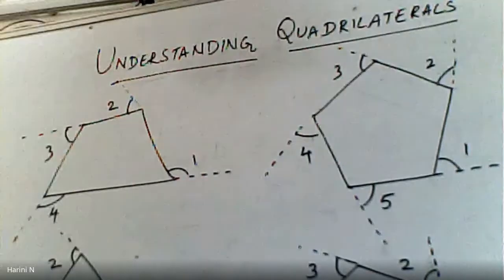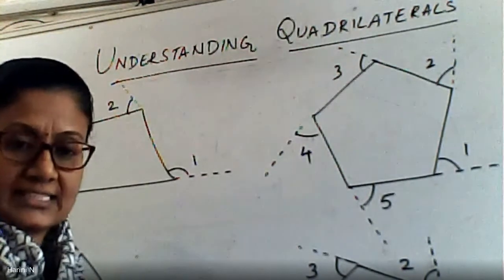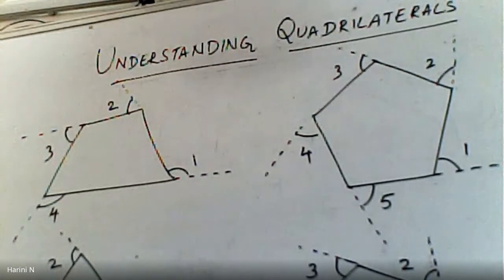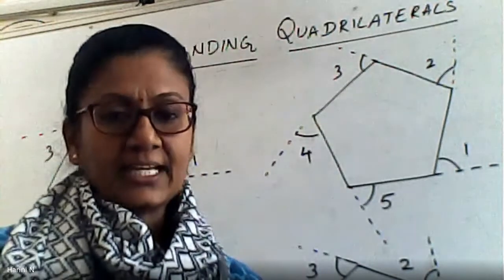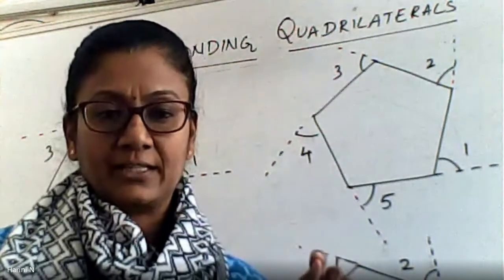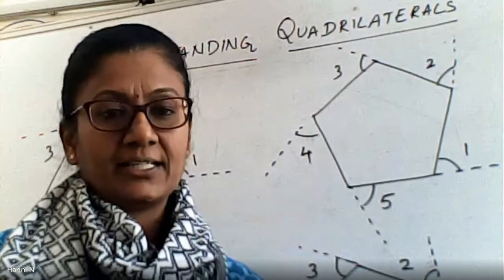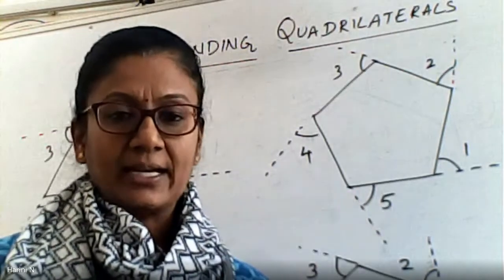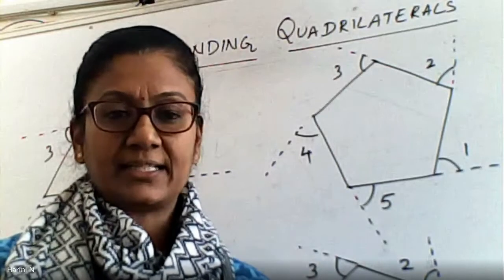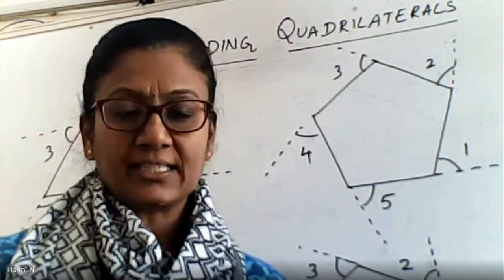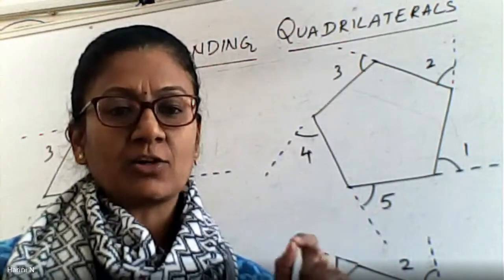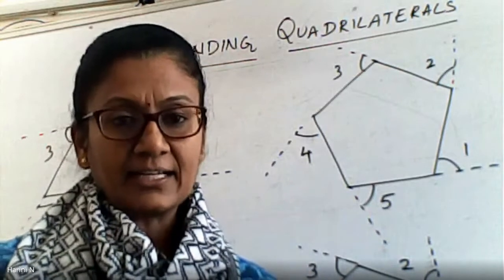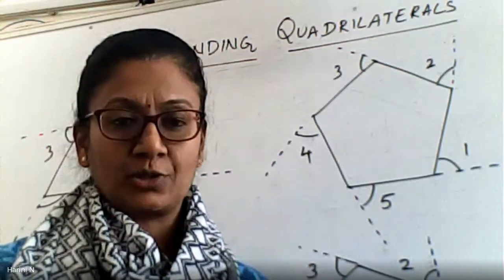Now there are four polygons for which you have to verify the exterior angle property. What is the exterior angle property? It says that the sum of the exterior angles of any given polygon, it can be any n-sided polygon, it can start from a triangle, a quadrilateral, a pentagon, a hexagon, or it can go on to any n-sided polygon, always when you add all the exterior angles of an n-sided polygon, they will definitely sum up to 360 degrees only.